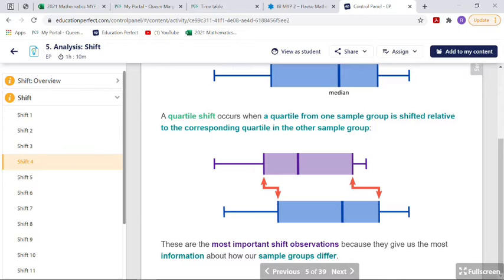And this kind of shift observation, these boundaries, lower quartile, median, and upper quartile, those shifts are called the quartile shifts. Those are one of the most important. The median is the other most important one. All right, and we're going to look at ways to describe this. So you can always look at it later if you want to.